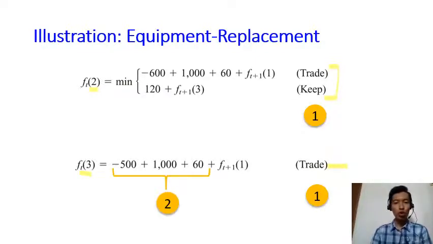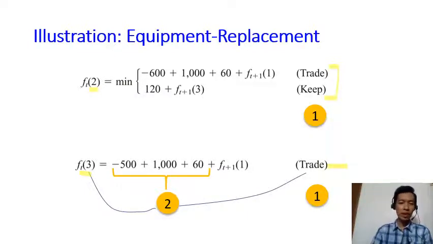And then aspect 2 is all the cost, revenue, and everything that happens at this stage. So here it depends on, or is affected by, your decision and the current state of your machine. Let's say the current state of your machine is already 3 years old, you must trade that machine.